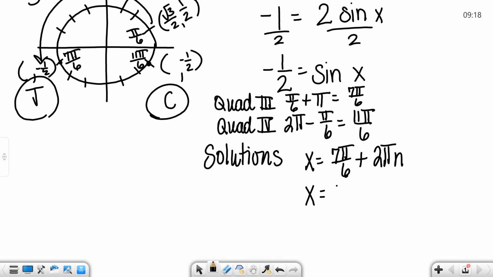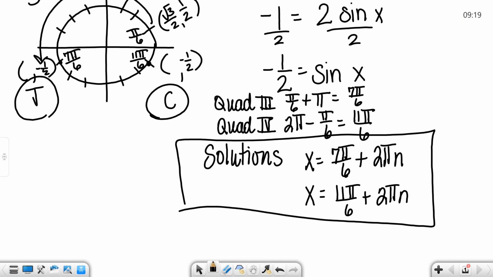And our other solution would be 11 pi over 6 plus 2 pi n. Remember, we use the period, and then we multiply by any integer n, because that just means we would go around the circle as many times as we want and stop at that same value, coterminal angles. So these would be my solutions, and we do need the 2 pi n's on both of those.